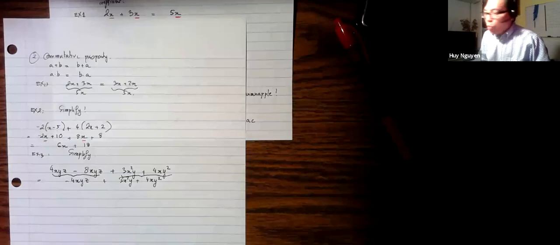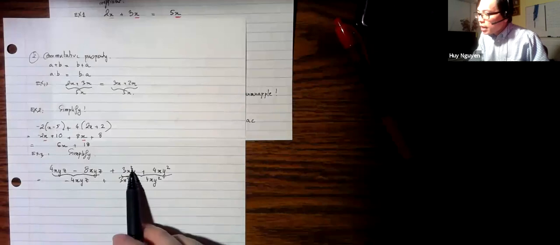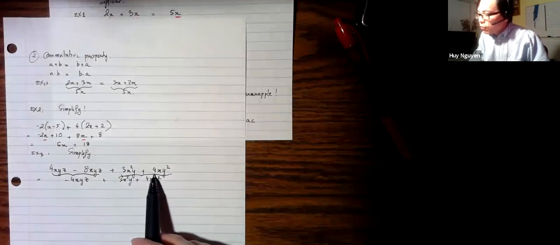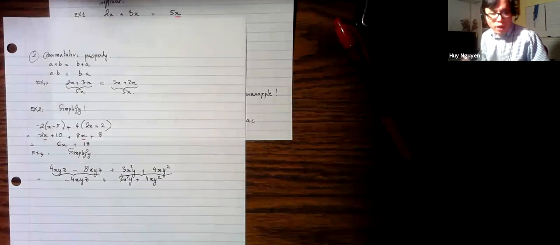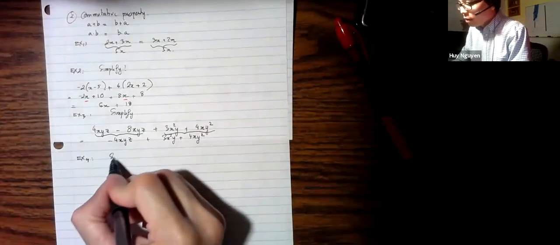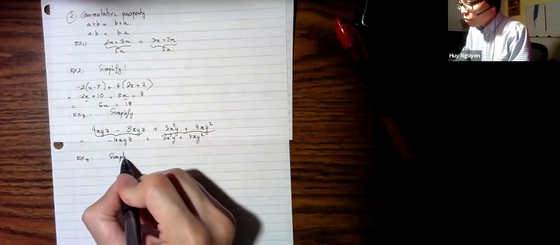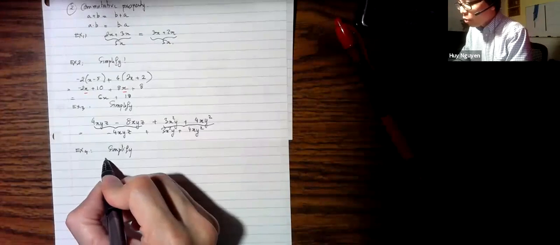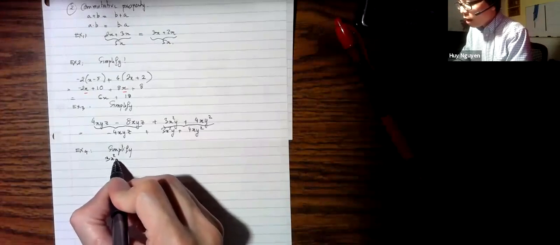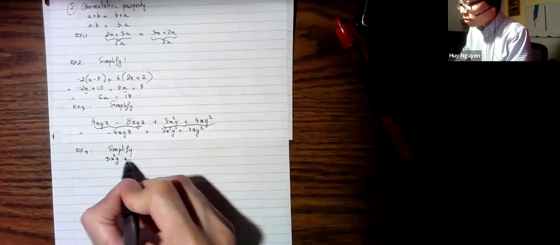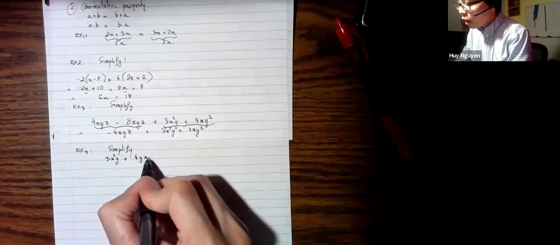What if I have 3x squared y plus 4yx squared? Let's make it example number 4. Example number 3, that's all we have. But what if I have 3x squared y plus 4yx squared?